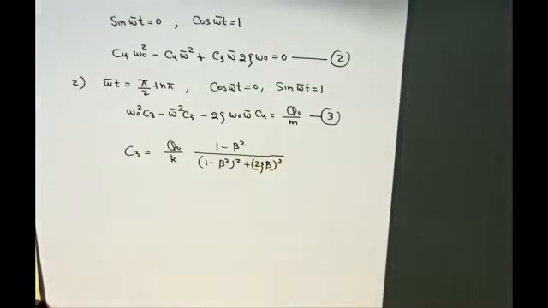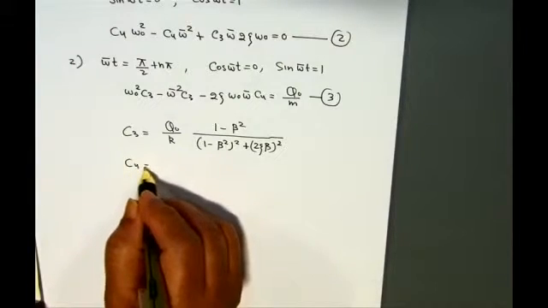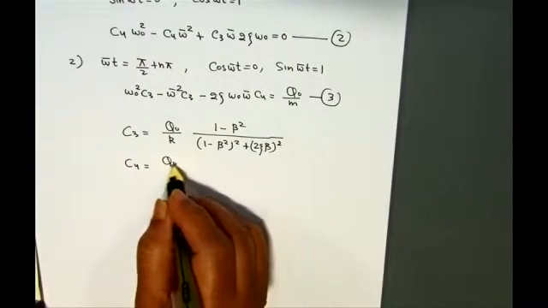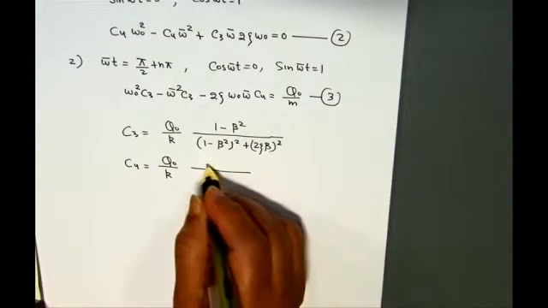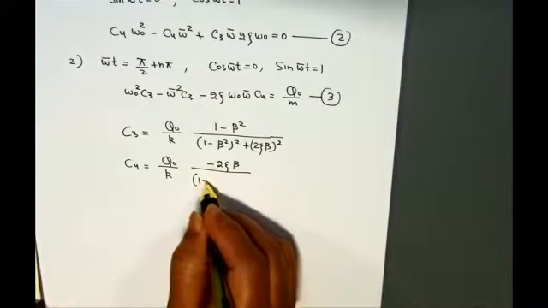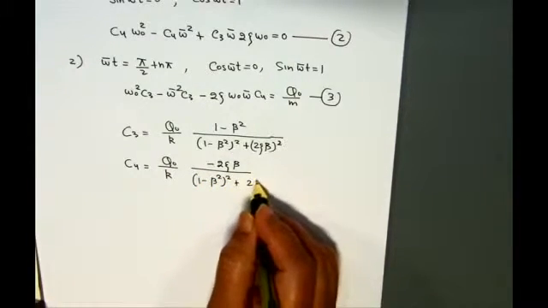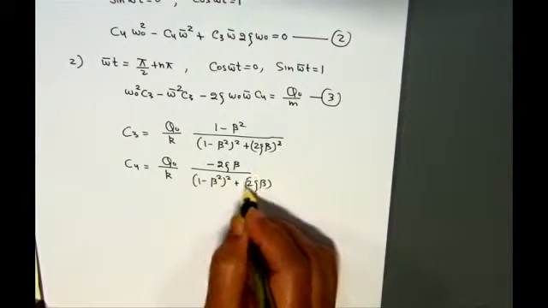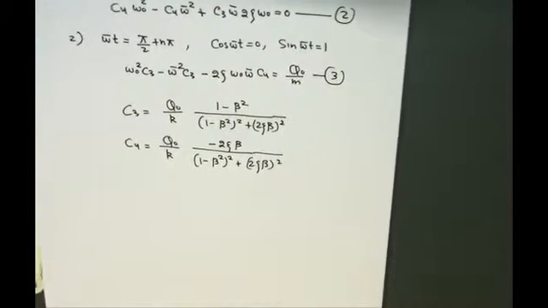Okay. That is the value of coefficient C3, and coefficient C4 is Q0 divided by k times minus 2 zeta beta divided by 1 minus beta square whole square plus 2 zeta beta square. Okay. So, these are the values of coefficients C3 and C4.